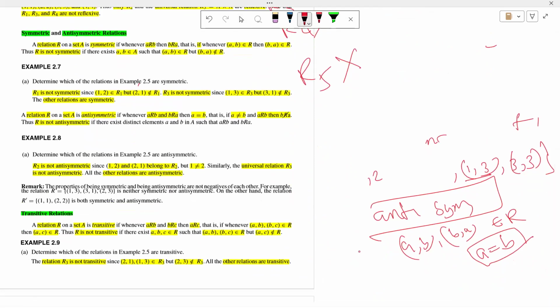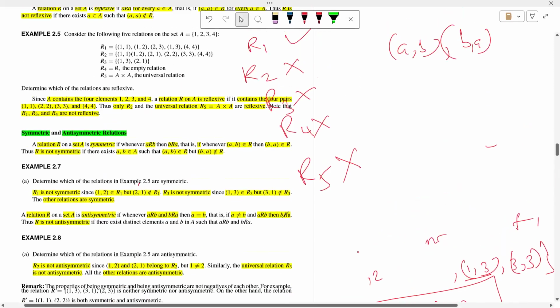So only R1 is antisymmetric. If you look at here, they are telling this reason. R3 is not antisymmetric, all others are antisymmetric.